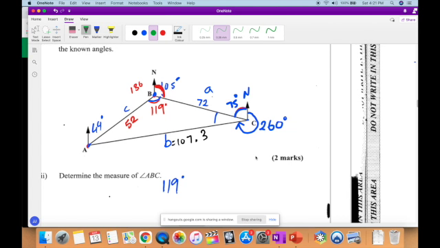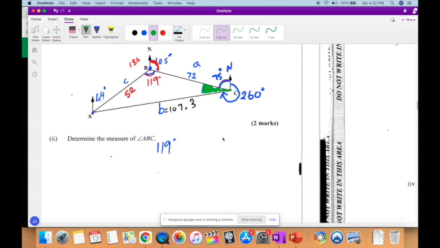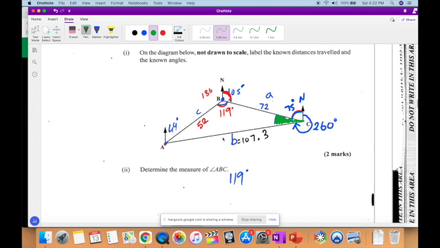Find the angle B. So find this angle here. If we could find this angle plus the 75, and then we minus 360 from it, we should get 260. So the question is, how do we find this green angle here? What do we do now? We'll do cosine rule? No. I wouldn't use the cosine rule because there's an easier way, and the easier way is the sine rule.